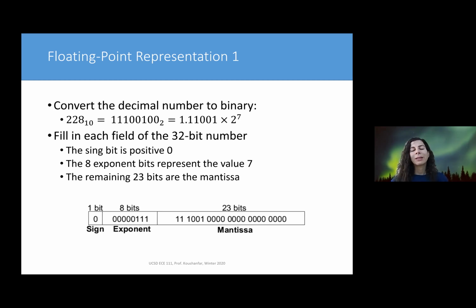But what that means is that if you have an exponent, sign and mantissa, how you would represent a number in this format is, say, if you're trying to represent 228 in base 10, first, like always, we convert this decimal number to binary, and then in the binary domain, as I mentioned earlier, we have this leading 1 point, the rest of the number, and this point determines the power of 2.